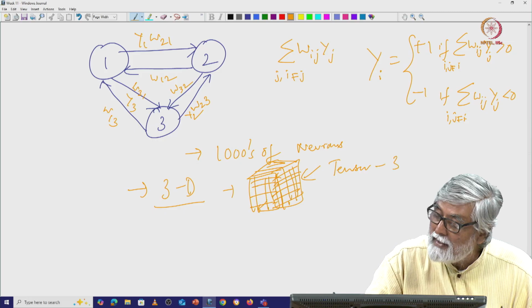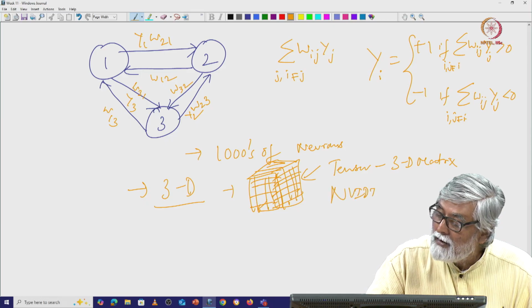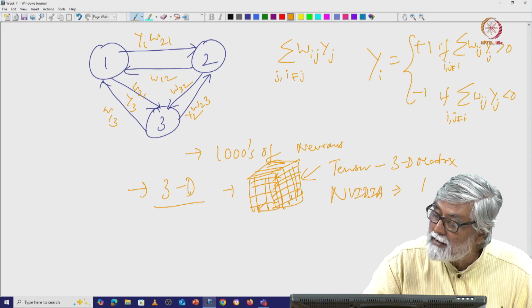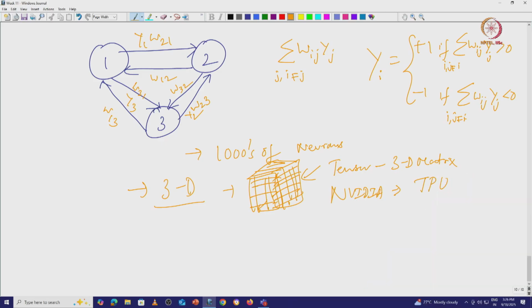Tensor is a 3D matrix. Now, you know why NVIDIA is producing a tensor processing unit instead of CPUs. That is the reason why if you connect these in 3D, which is approximately a crude brain.